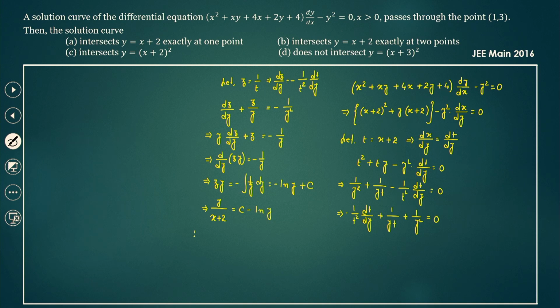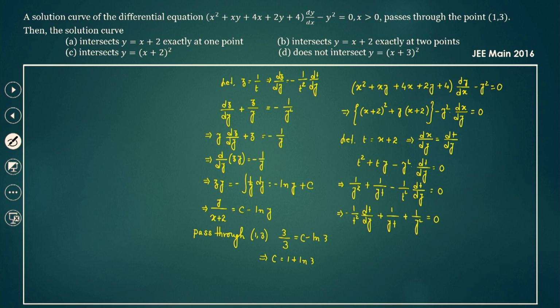Now, as it passes through (1, 3), if I substitute the appropriate values, we get 3 divided by 3 is equal to c minus ln 3. That implies c is equal to 1 plus ln 3.